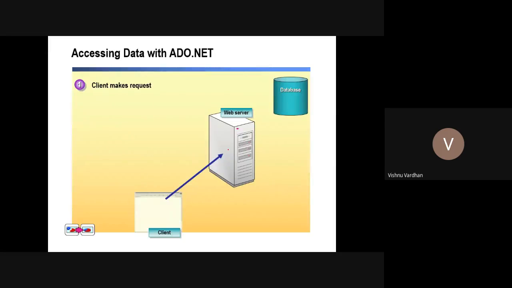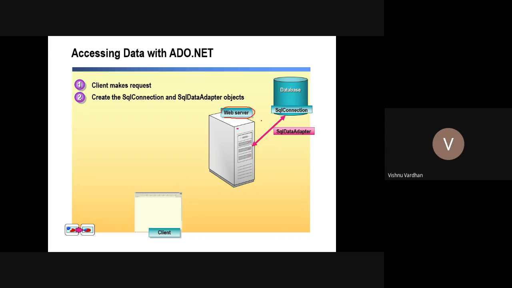So basically client makes a request, okay. So then the web server is actually running whatever the logic that you have written in your code behind file. And then this web server, as per your namespace, will connect to the SQL connection. Okay, so that means you are connecting to a MS SQL server.